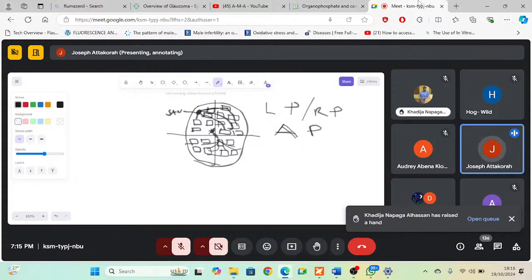So we have these myocytes. I'm drawing this myocyte, one I've shaded.